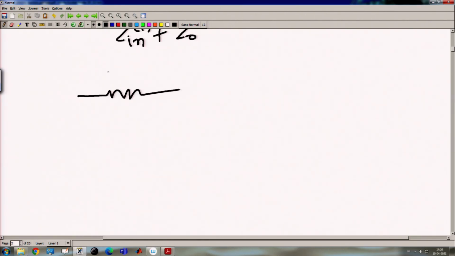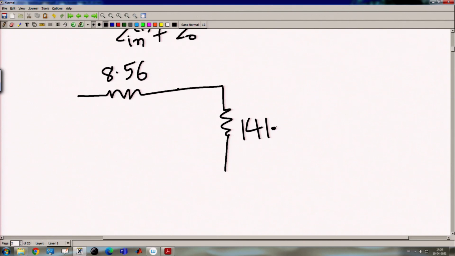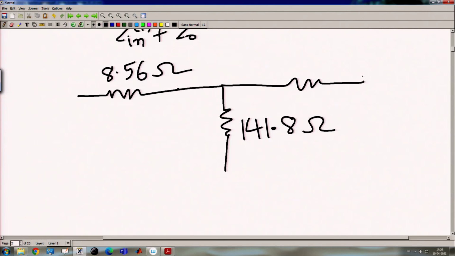This will be 8.56. Now, first we have to find Z in 1, this will be 141.8 ohm, and after this is also 8.56.